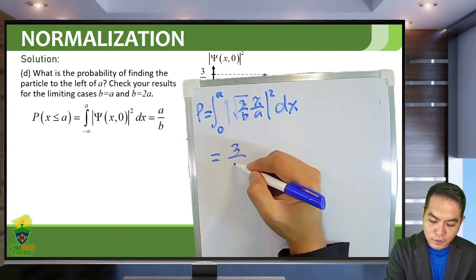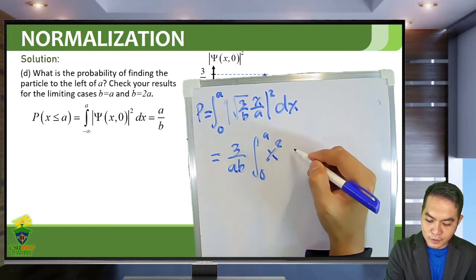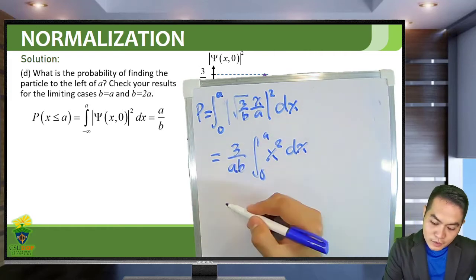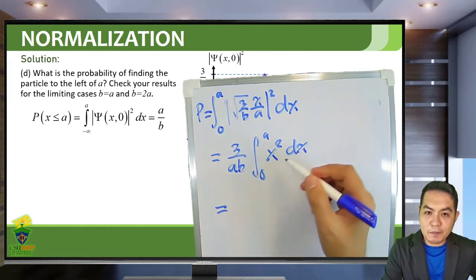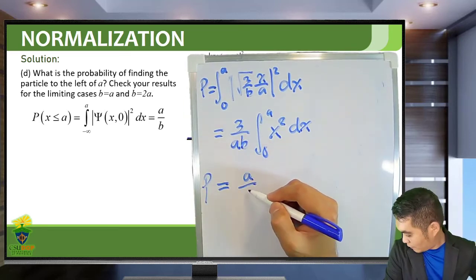So 3 over a squared b, integral from 0 to a of x squared dx. This is just a simple integral, and this will give you a probability of a over b.